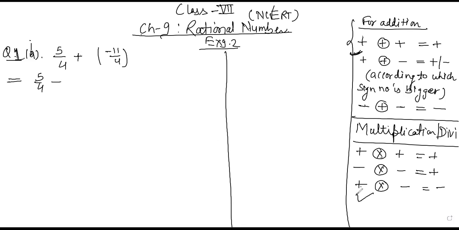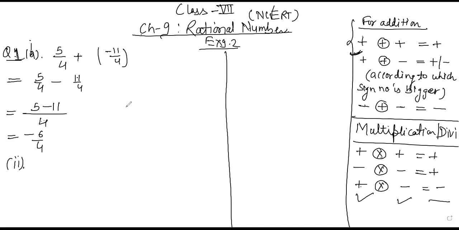So 11 upon 4. Now, if the denominators are the same, then there is no problem. Go ahead with the usual techniques, meaning there is no change in the denominator. You have to put down the numerators with their signs. So you will get here -6/4. So 5 minus 11, and 4 is actually your LCM. If the denominators are the same, the numerators are copied with their signs.